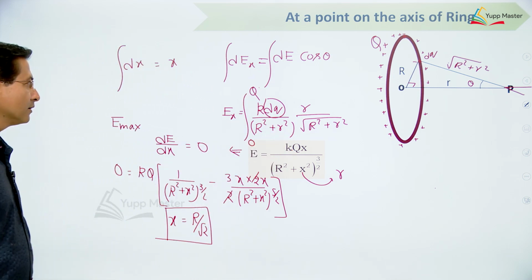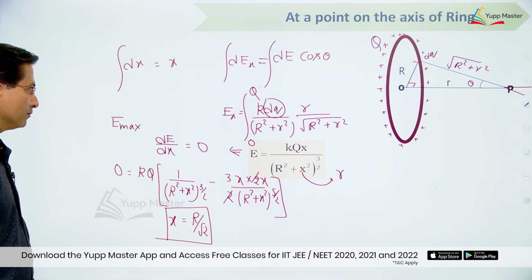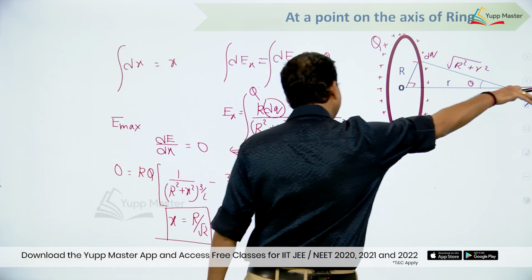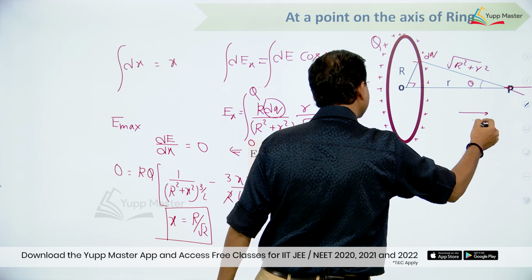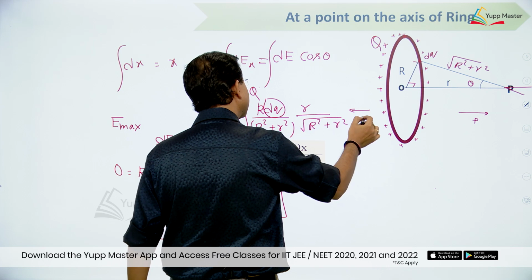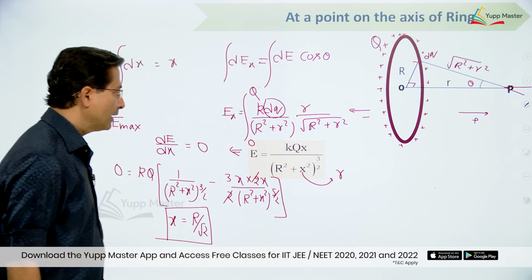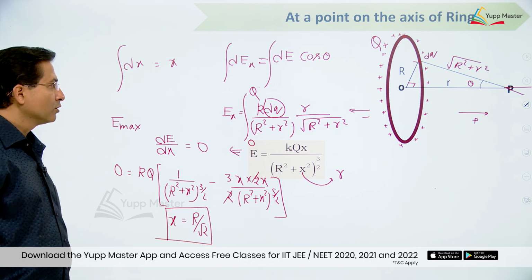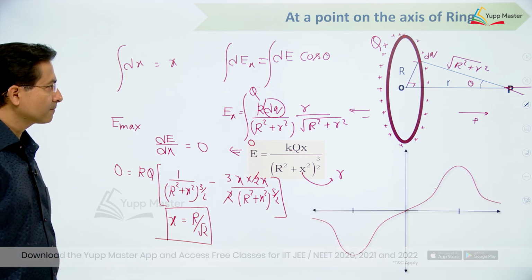If we are drawing field in vector form, I am considering that this is positive direction of field, and this one is negative direction of field, and I want to plot this variation, right. So the plot will be something like this.